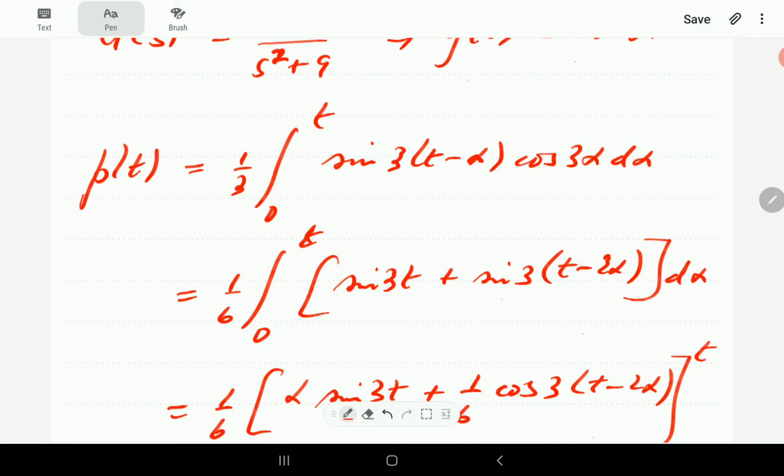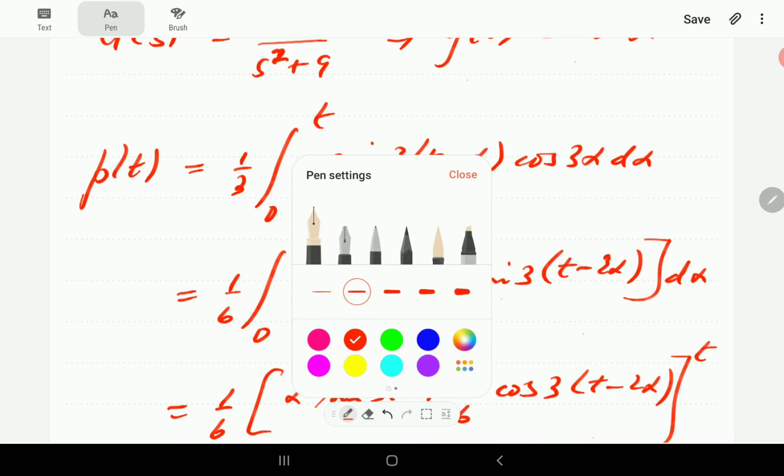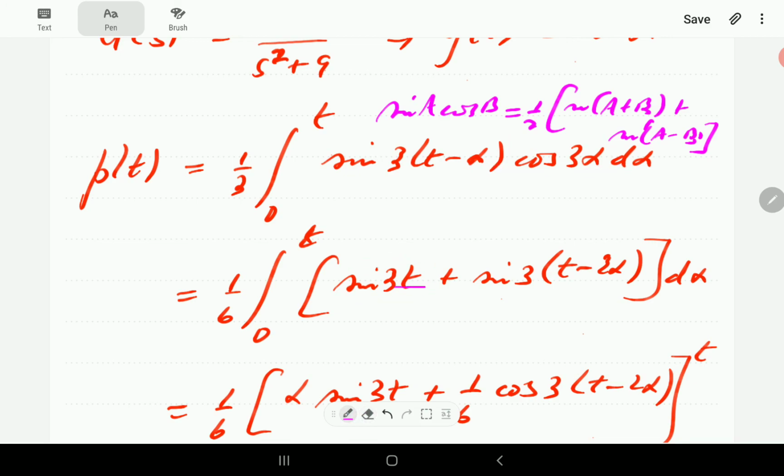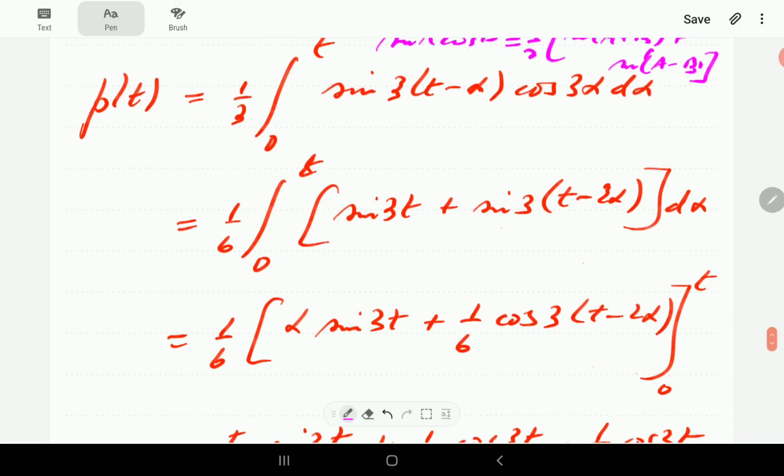Then from here to here we apply the trigonometric formulas for sine A cos B. So sine A cos B is 1 over 2 into sine A plus B plus sine A minus B. So for the A plus B, the minus 3 alpha and 3 alpha is going to cancel out, and then this is the other case.